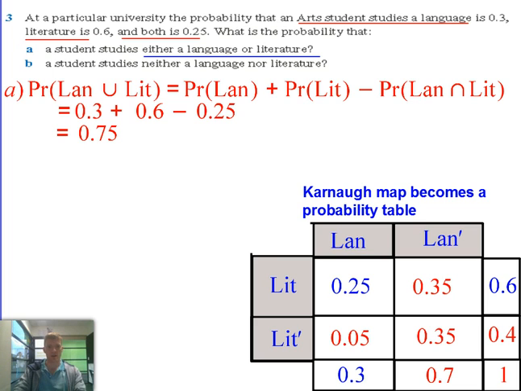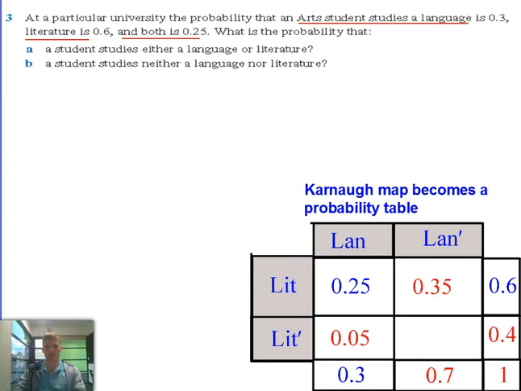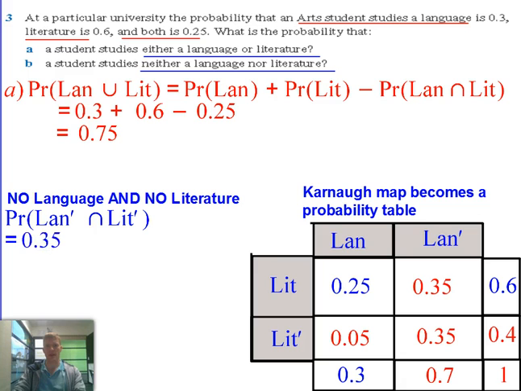Okay, so we want to think about that as no language and no literature happening together. So it's an intersect of language complement, intersect literature complement. Okay? And that is this point here from the Karnaugh map. It's this probability, the 0.35.